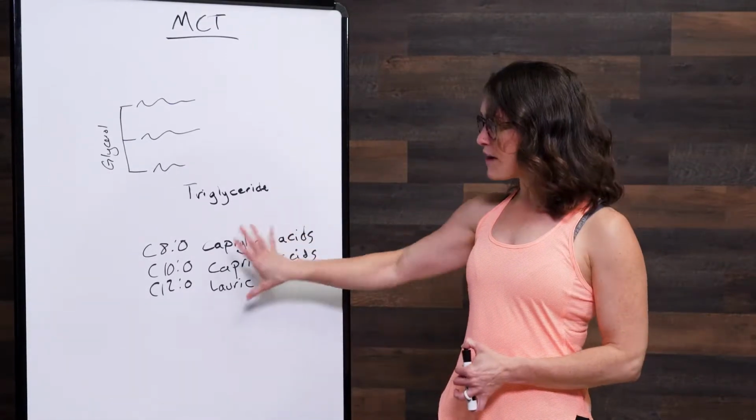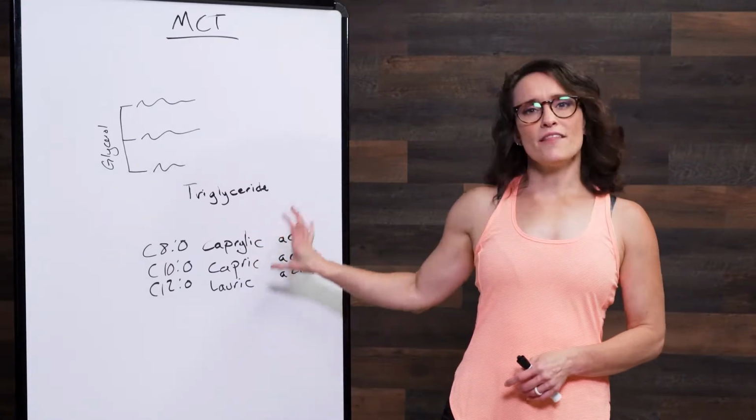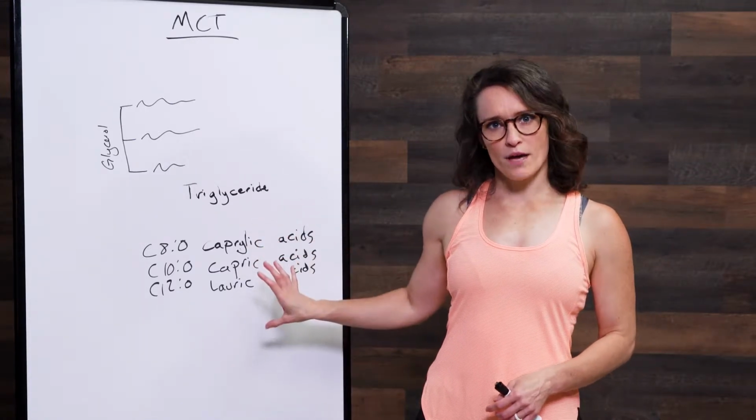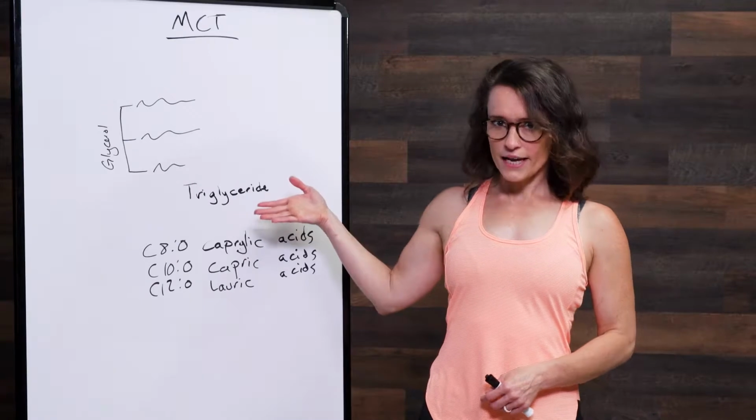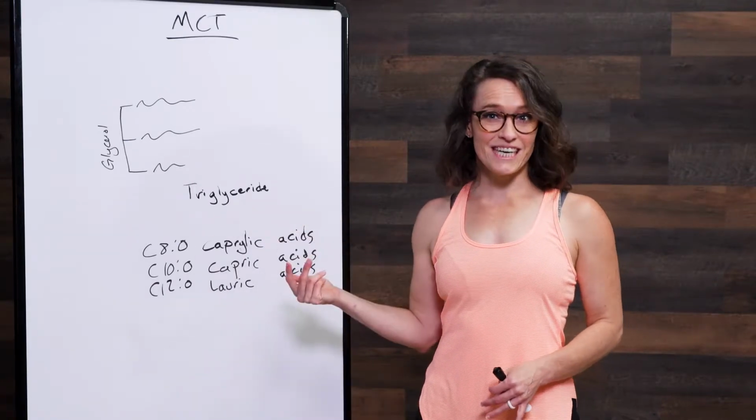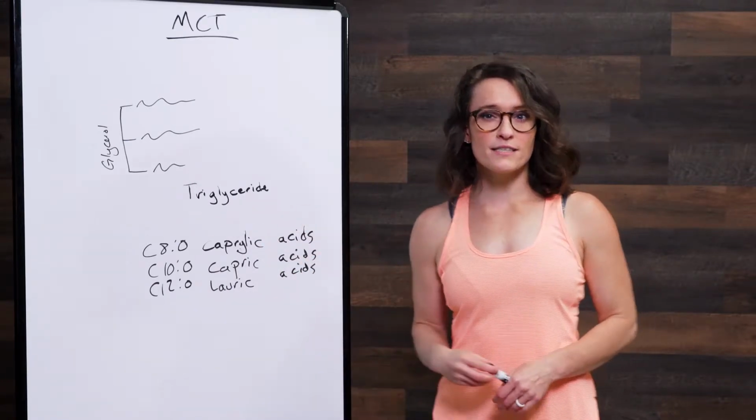What makes these fatty acids special is that the body absorbs them in a different way. Long chain fatty acids, like that C16, get taken up into the lymphatic system from your small intestine. They have to make their way through the lymphatic system before they eventually reach the blood, and then they can finally be processed.